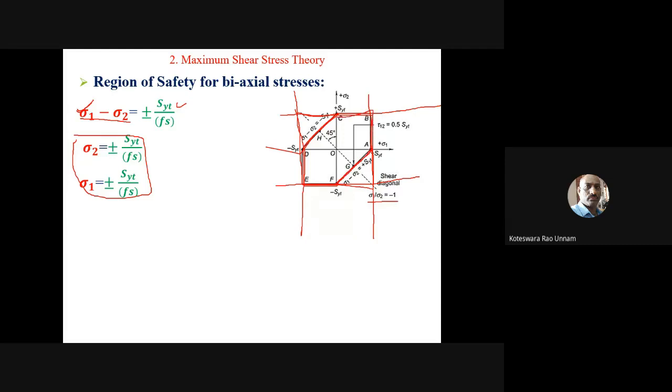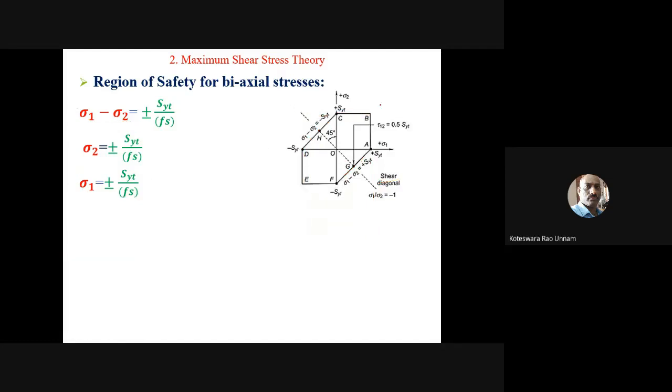It is something like a hexagon, whereas in the case of your maximum normal stress theory, it is a square. If your design point lies within this envelope, then your design is safe, otherwise it is going to fail. So this is how you can plot the failure envelope for the maximum shear stress theory.